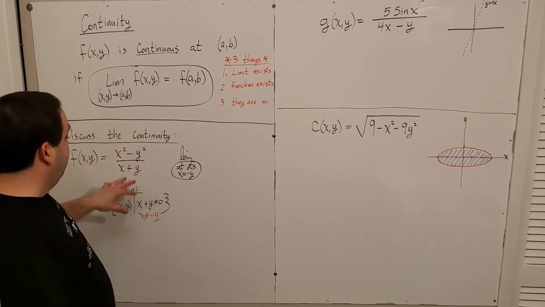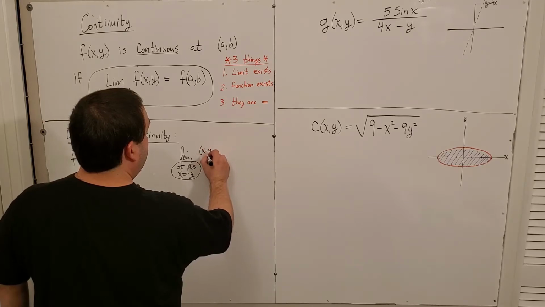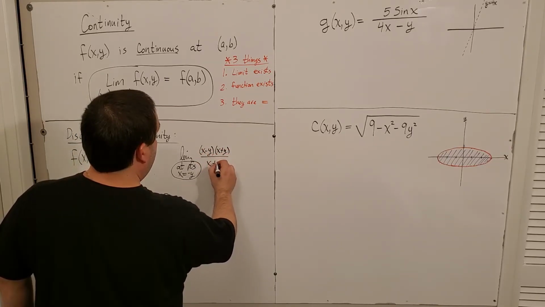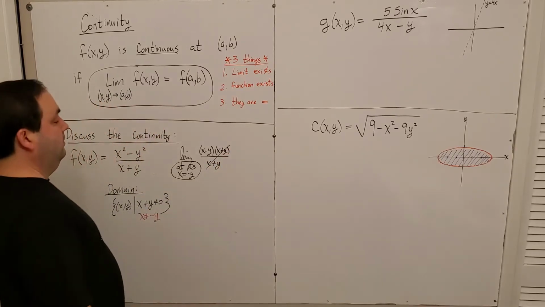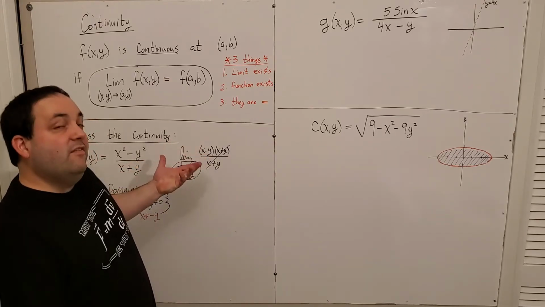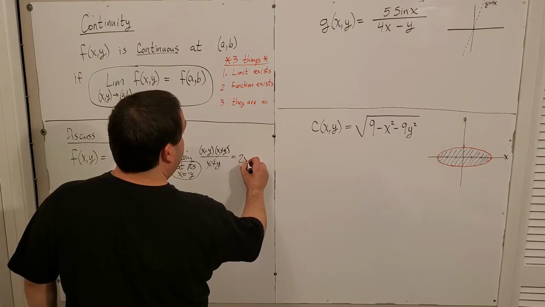We're going to end up doing the same trick that we did earlier. We're going to end up factoring like this, and reducing. And so we're going to end up with x minus negative x, basically. We're going to end up with 2x.